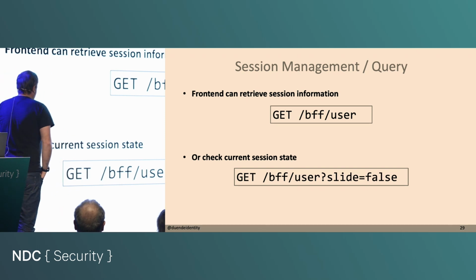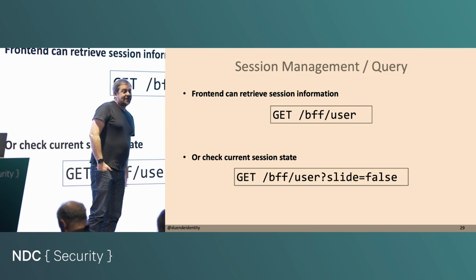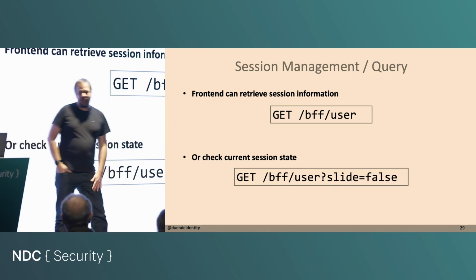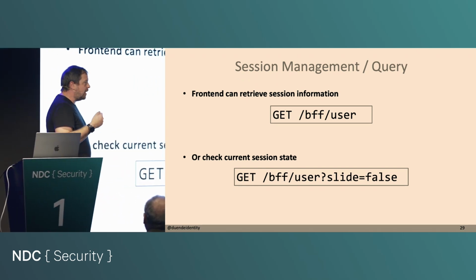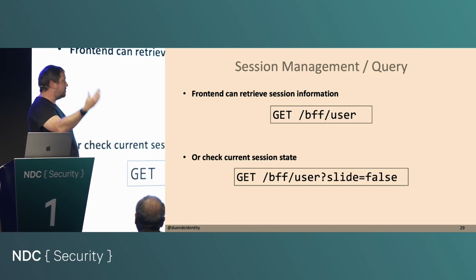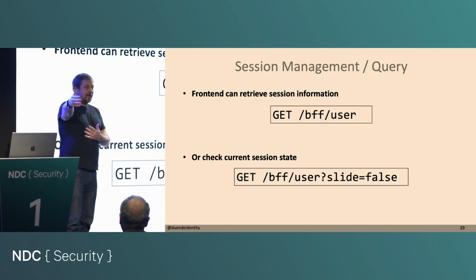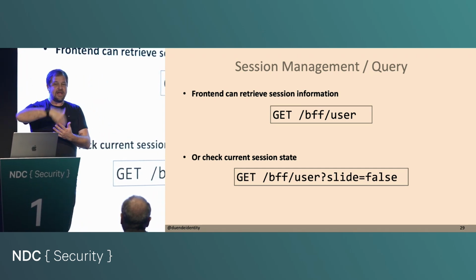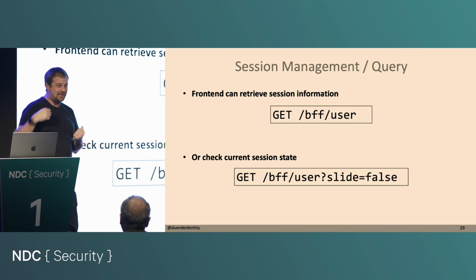Yeah? Even nicer is if you would find a way to do that without sliding the cookie. Because some customers use this user endpoint for check session reasons, right? So you could imagine once a minute I ping the user endpoint to see if the user is still logged in. But that's counterproductive if by pinging the user endpoint you are sliding the cookie into the future, right? If you're using sliding expiration cookies.